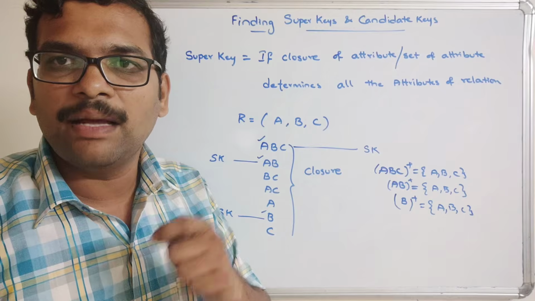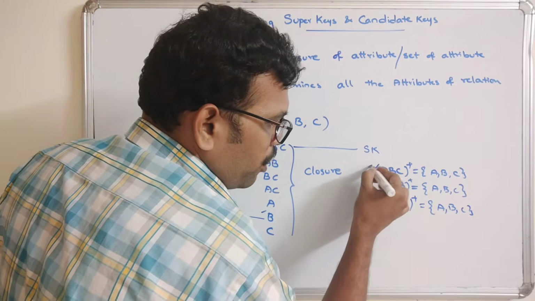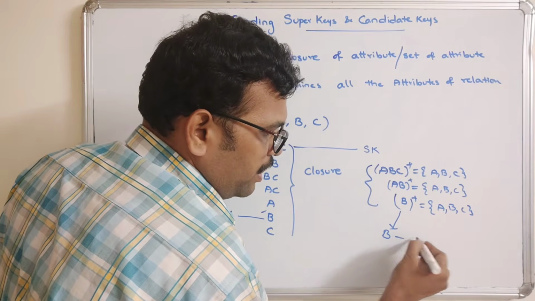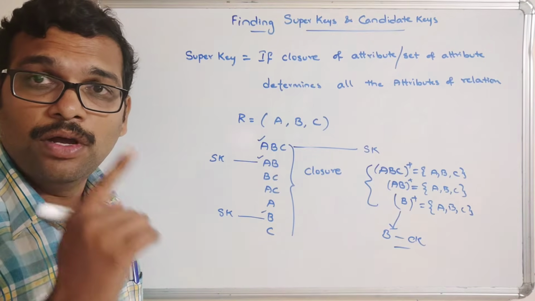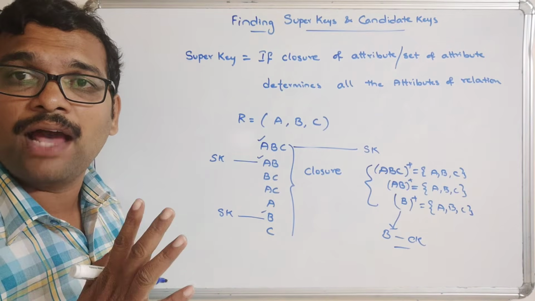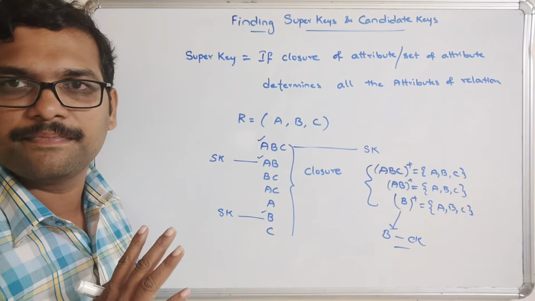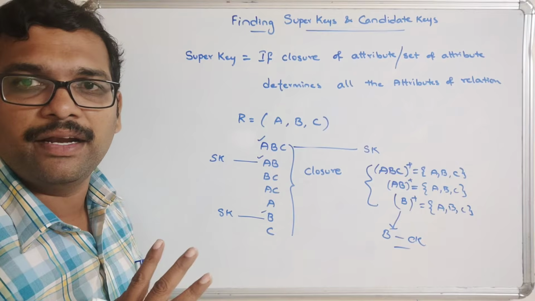Obviously the minimal set of super key, so the minimal set of these attributes is this one. So B will be the candidate key. One relation can have a single candidate key or multiple candidate keys.